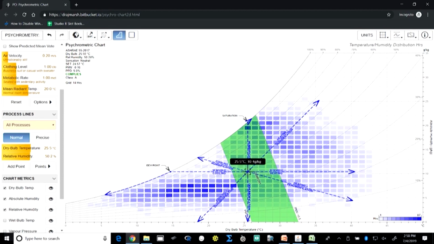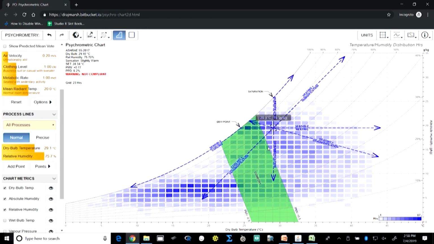If I move this point up, beyond the comfort zone, to a slightly higher side, now I have a dry bulb temperature of 29 degrees centigrade and a relative humidity of around 75%. I know that I am out of the comfort zone, but how do I create a comfortable environment?